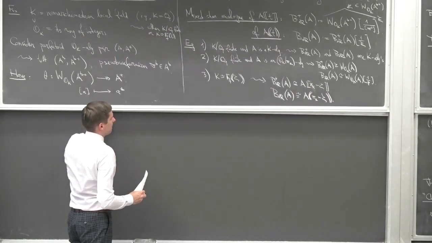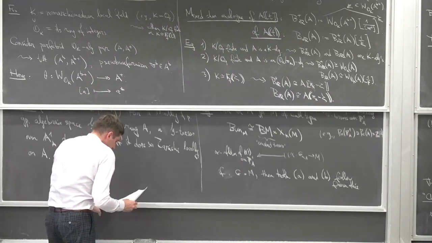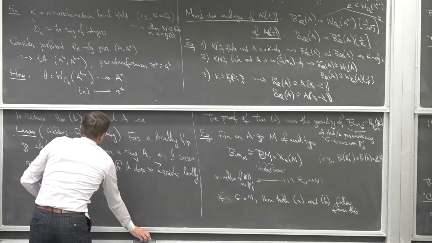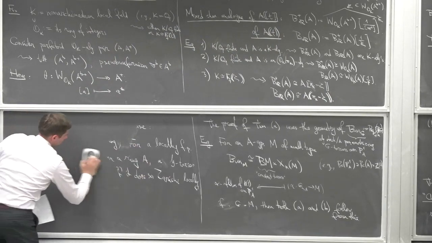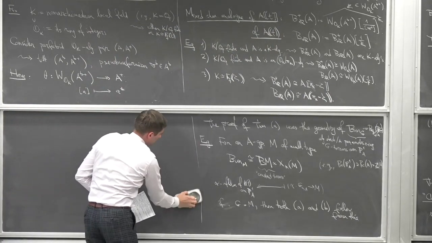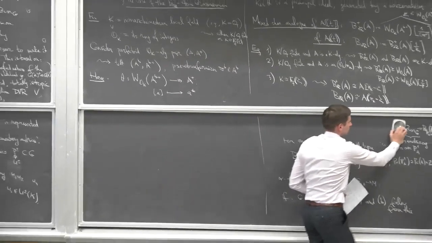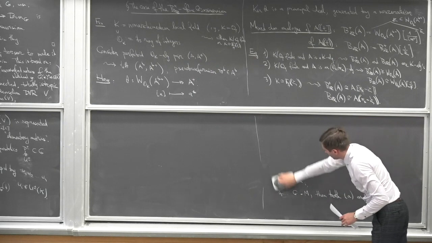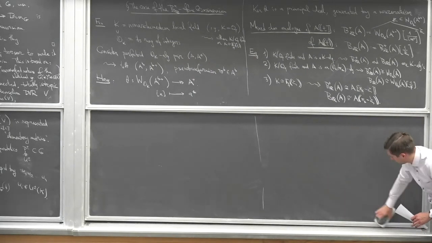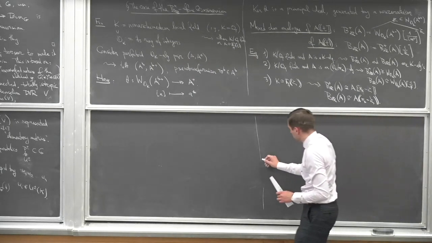Okay. So now we have the analogs of these rings, using which we build our loop group and constant loop subgroup.